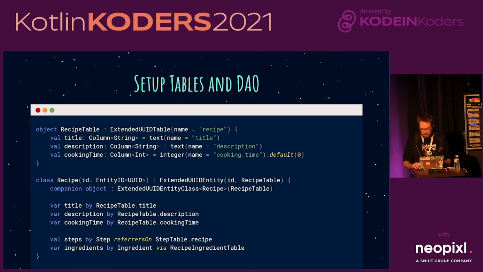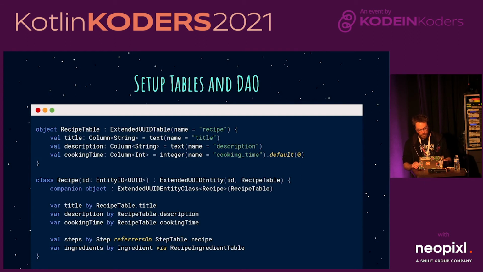Maybe we can add some default values to some attributes. And then we're going to create a recipe class that will be our entity, that we will manipulate in order to query our database. So you're going to have a reference to the recipe table, and so we will be able to manipulate the title, the description, and the cooking time.